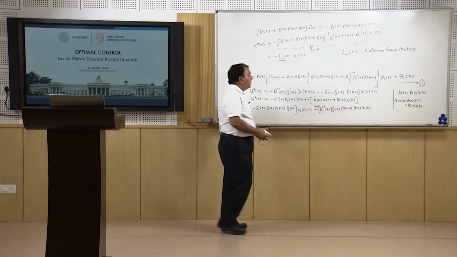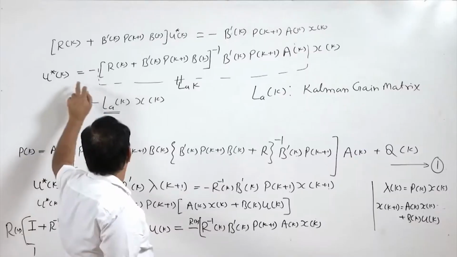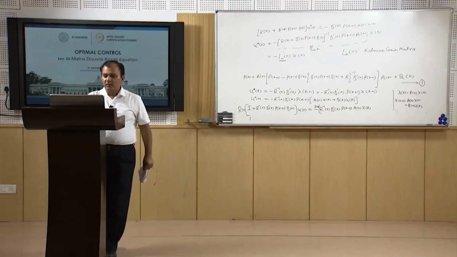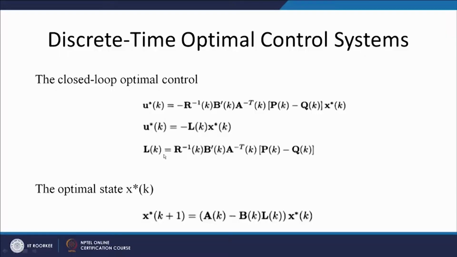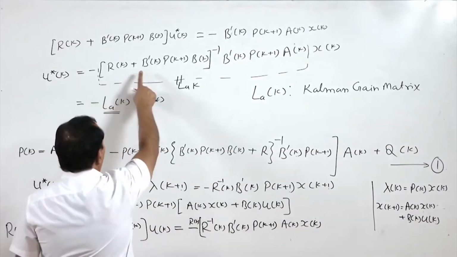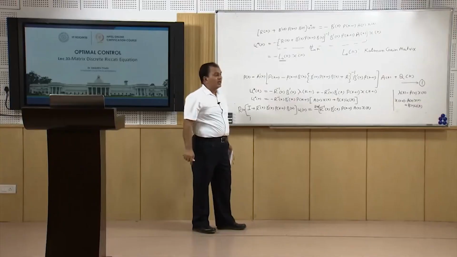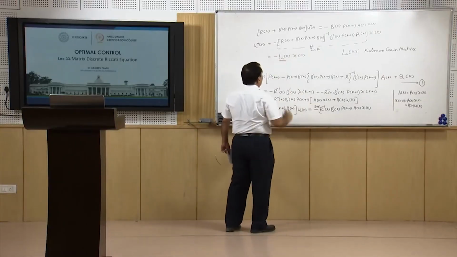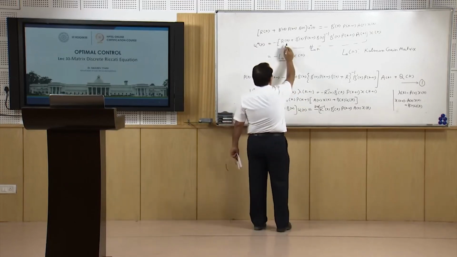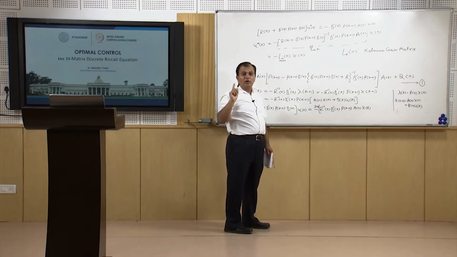As we have seen in the previous form of the Riccati equation, we had the u in which we had to determine L taking the inverse of the A transpose. In this case no A transpose inverse is required. What we require is the inverse of R(k) plus B prime(k) P(k+1) B(k). If we analyze this term in L(k), R(k) is a positive definite matrix whose inverse is always possible.